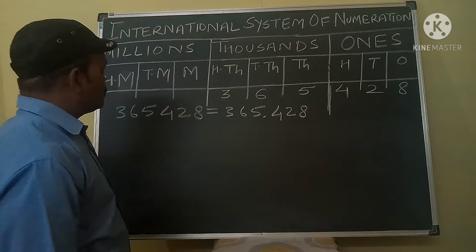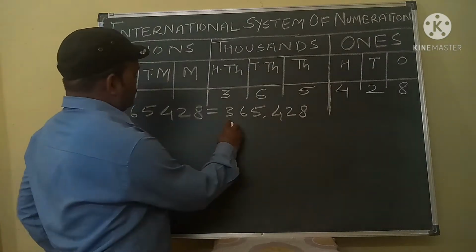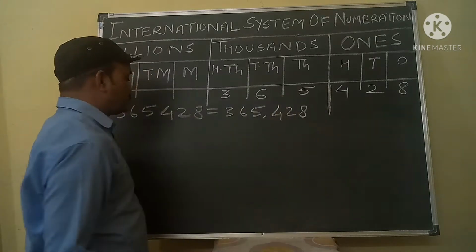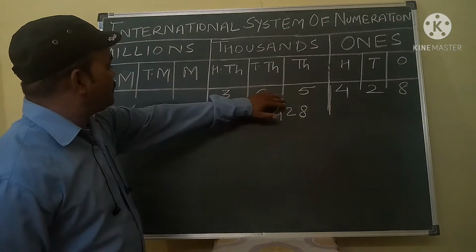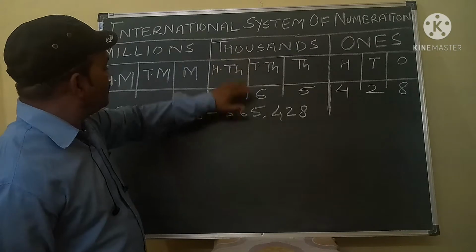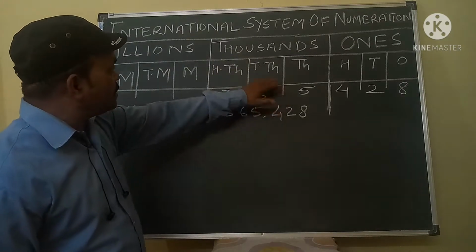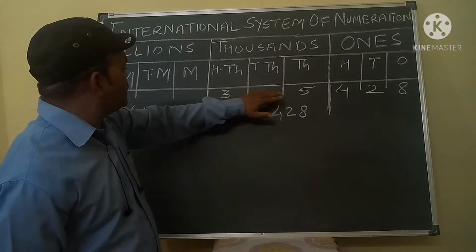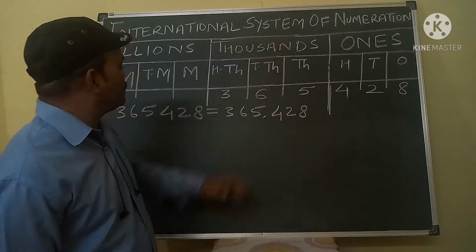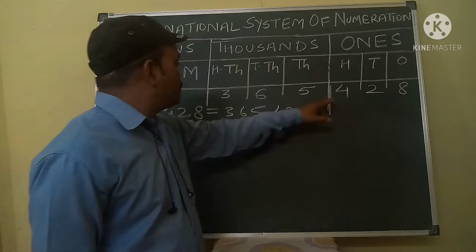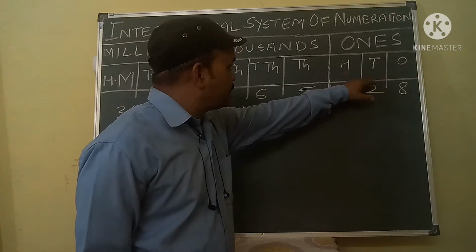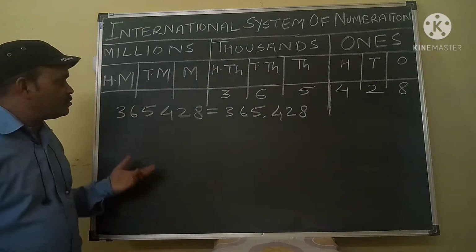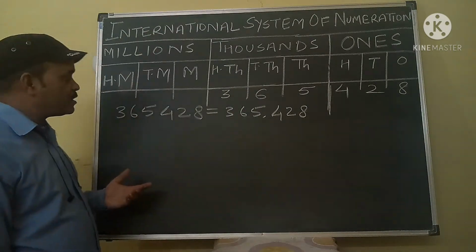Okay, so 365, that means 365. 365 is in which group? 365 is in the thousands period, and 428 is in the ones period. So how can you read and write this number?